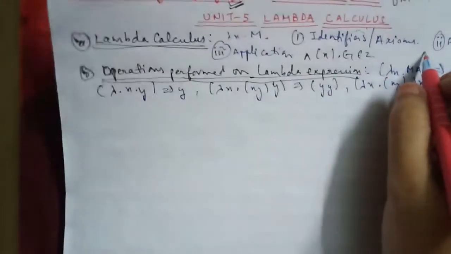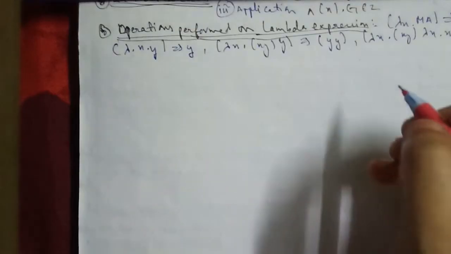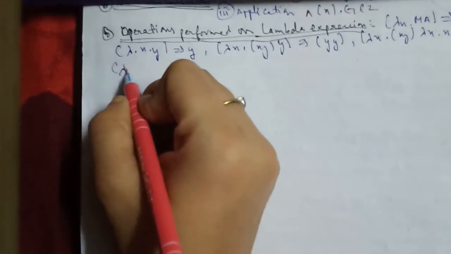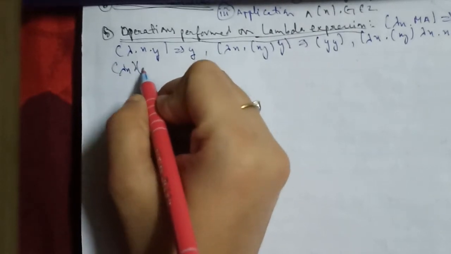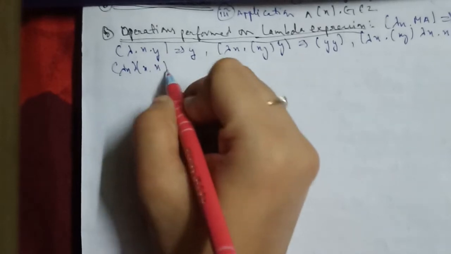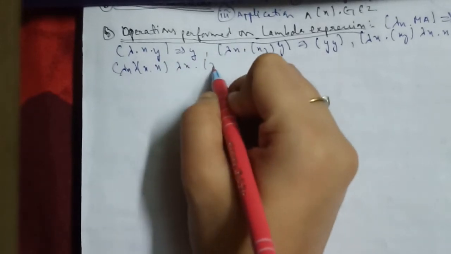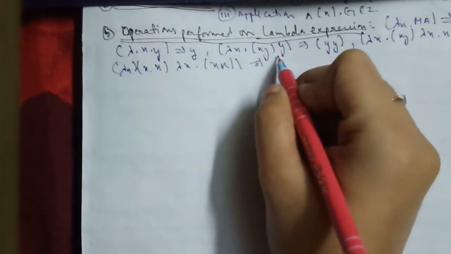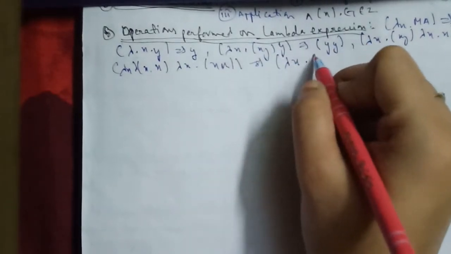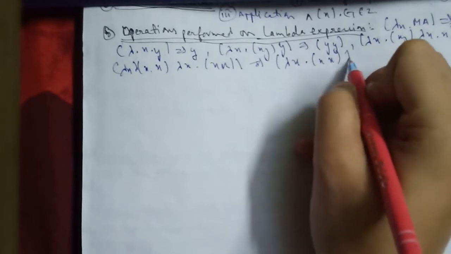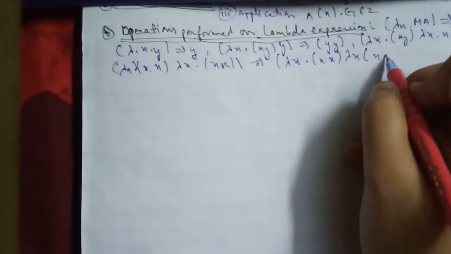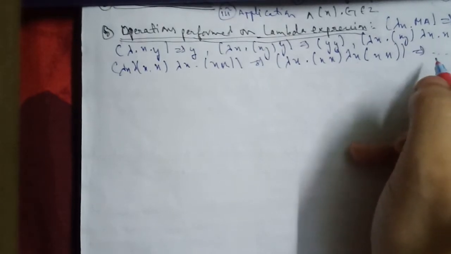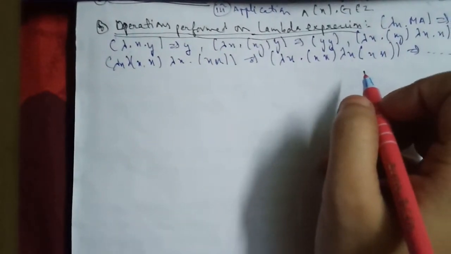In the same case, lambda x dot x x applied to lambda x dot x x gives lambda x dot x x lambda x dot x x, and so on. So this is an expression of what it will give.